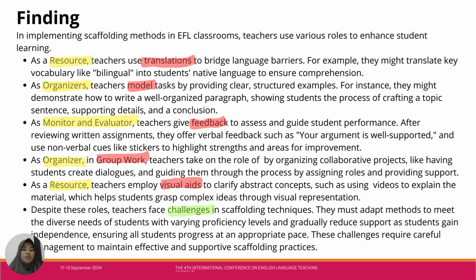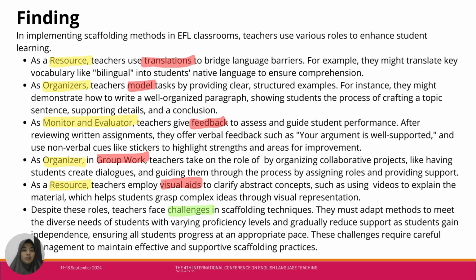So, teachers employ visual aids to clarify abstract concepts, such as using videos to explain the material, which helps students grasp complex ideas through visual representations. That's it. And this is to answer research questions number one and number two.